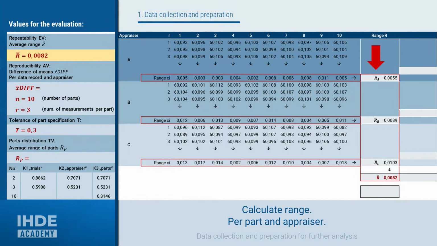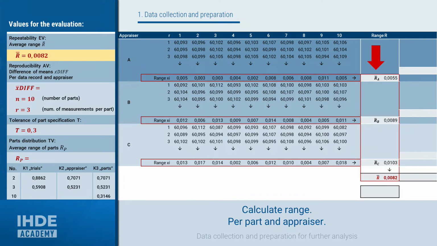Next, the resulting average range is calculated for each appraiser and entered in the table. The average range for appraiser A was 0.0055. For appraiser B, it was 0.0089, and for appraiser C, it was 0.0103.